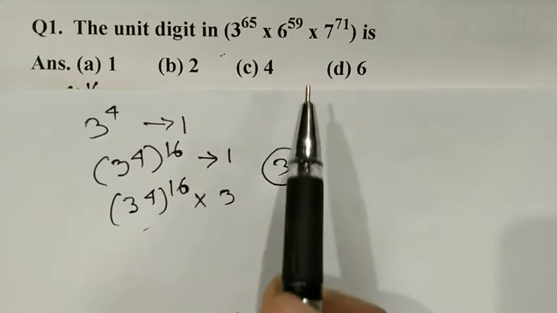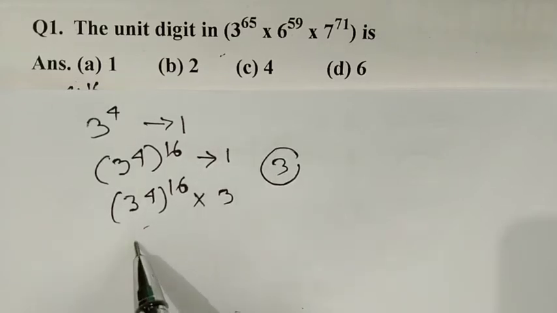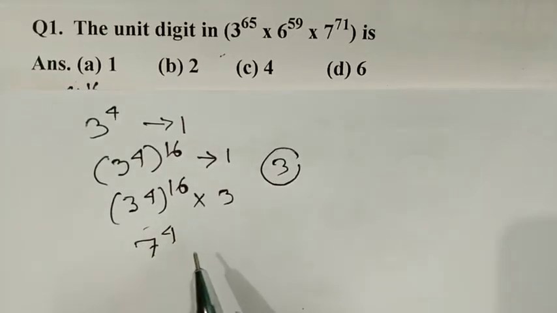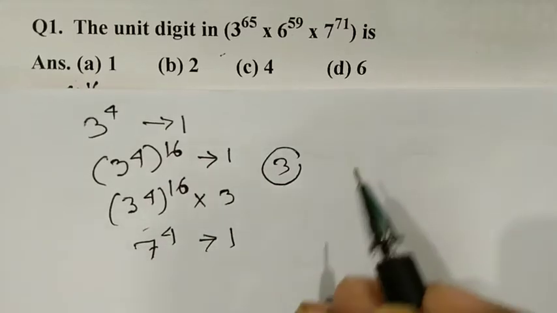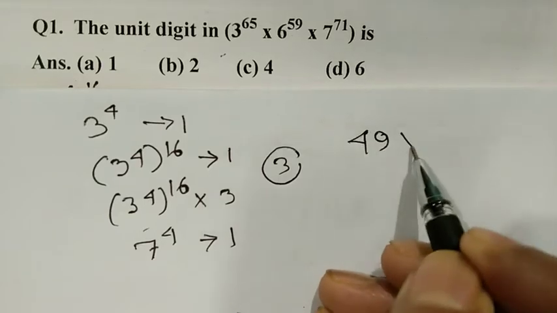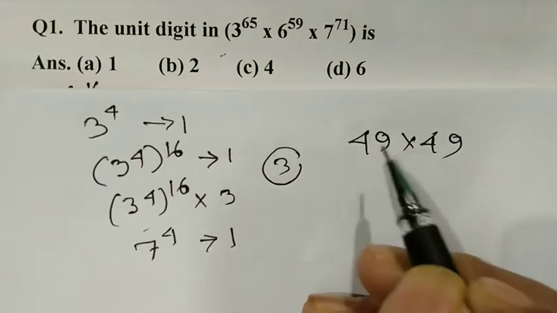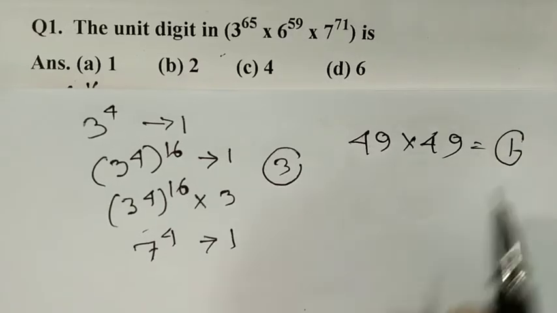Now next, 7 to the power 71. 7 to the power 4 has unit digit 1. 7 square into 7 square: 49 into 49, 9 into 9, 81. Then unit digit 1.